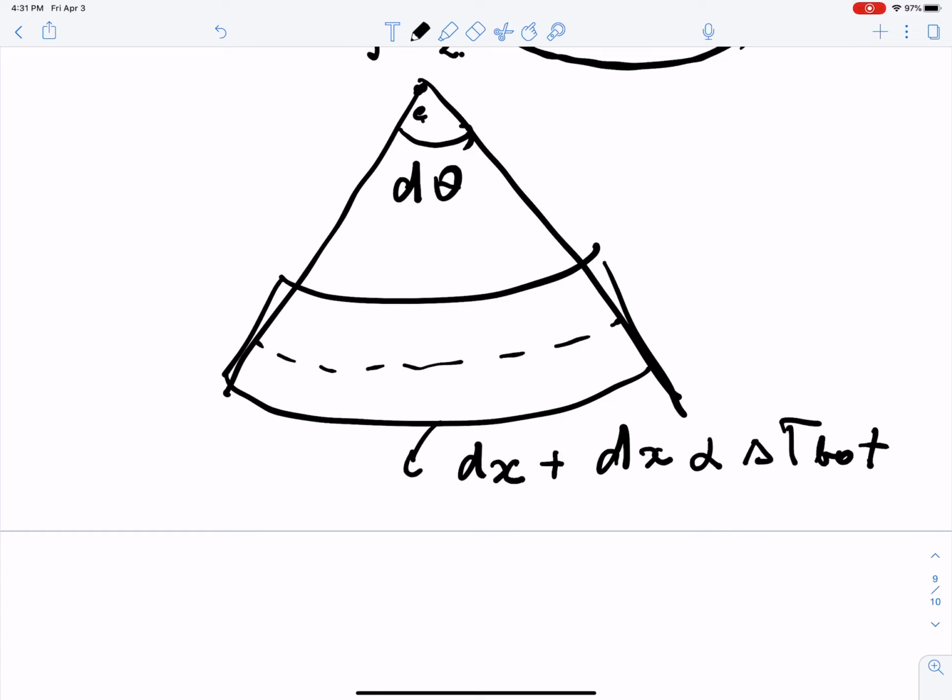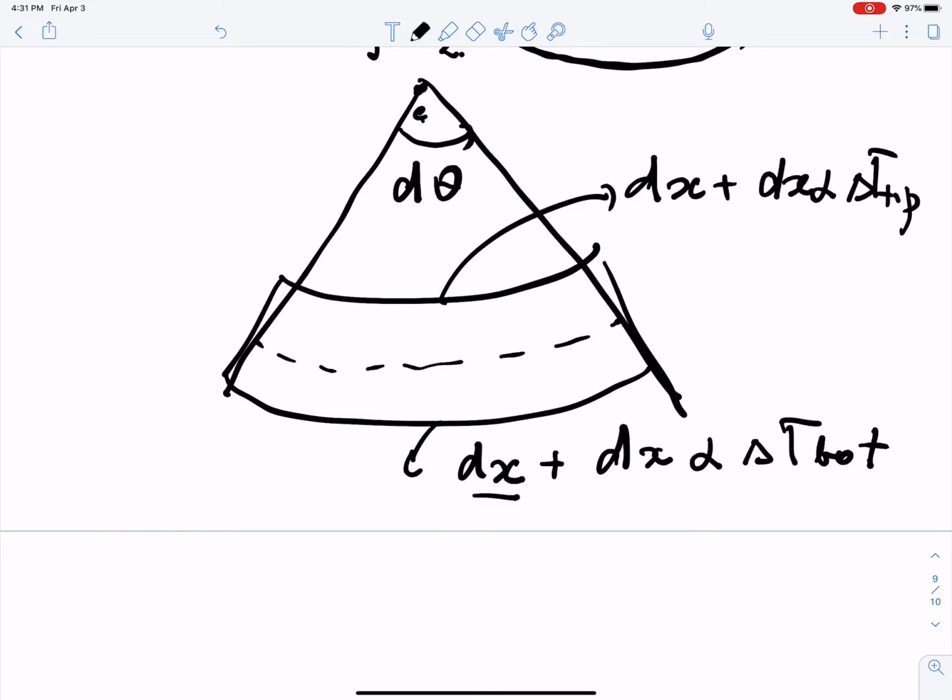This is the new length: the original plus by how much it deformed. You take the temperature difference, multiply by the coefficient of thermal expansion, and multiply by the original size. This other piece, the new length, is dx plus, by analogy, dx alpha times delta t top.